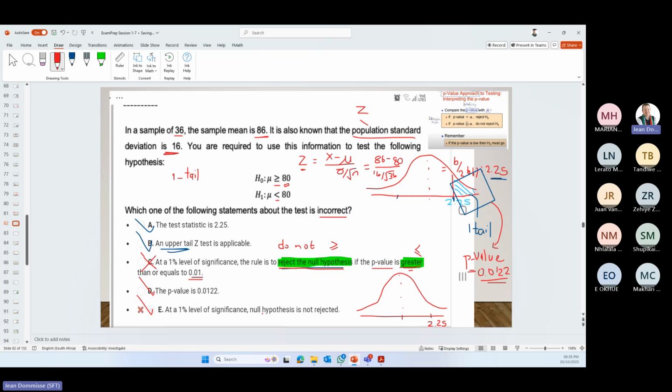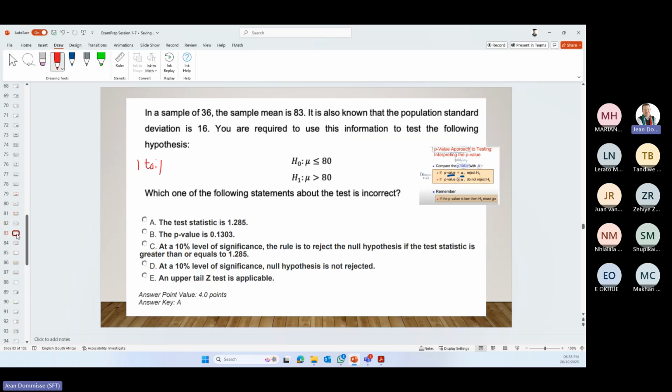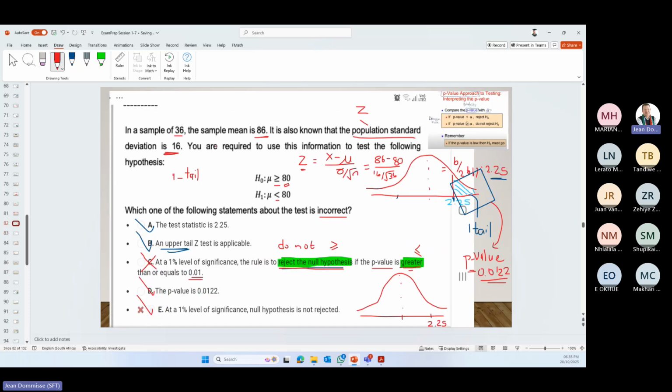Okay, so we're going to do another one of these, very similar. You can see it comes again out of a previous exam, where for one group of students this was the question: sample mean is 86.